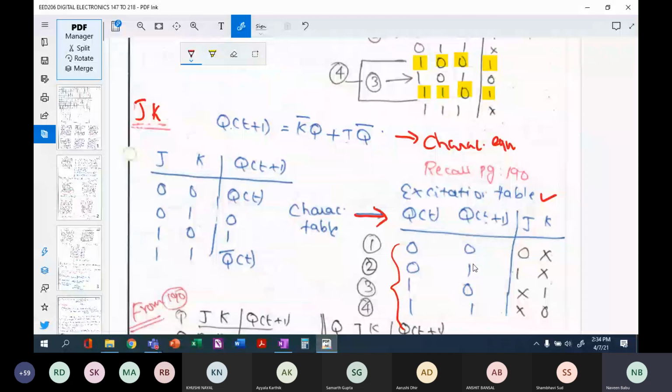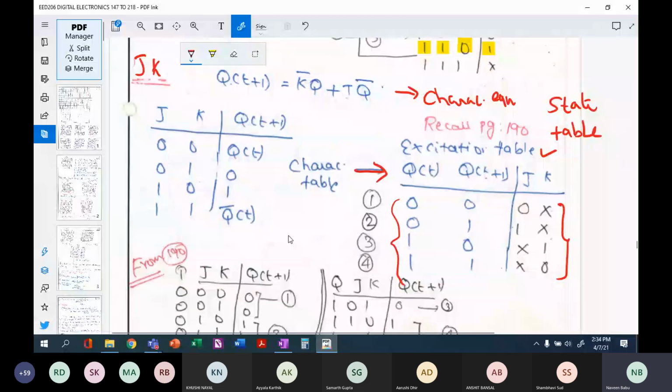Now, if you want to fill up these data, you need the state table. If you want the state table, we have to go back to page 190 of my notes, but I have written it here for your convenience. So let us see, where do you have 0 0? Present state must be 0, next state must be 0. The first two entries, present state and next state, are 0 and 0.